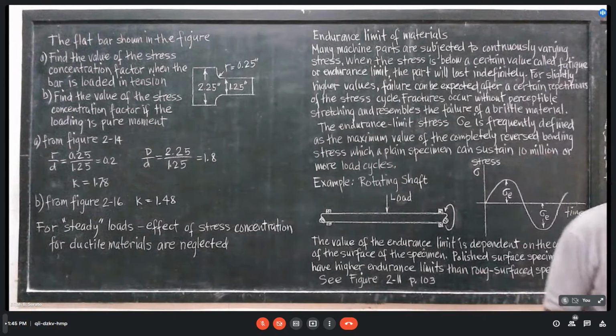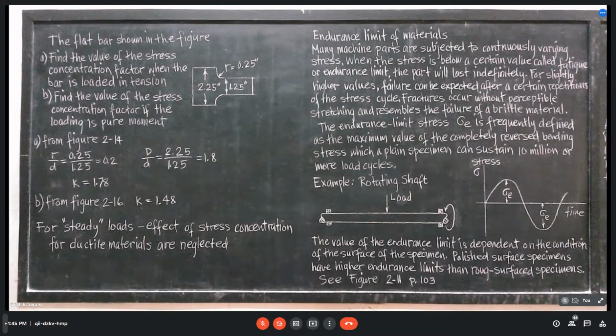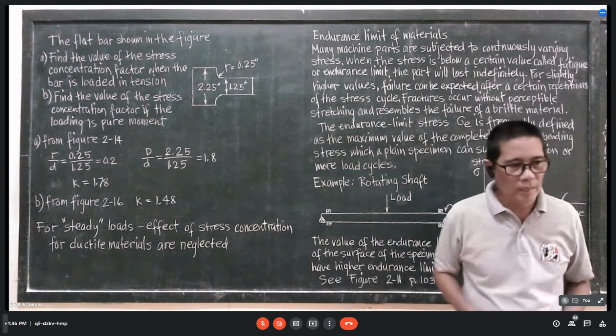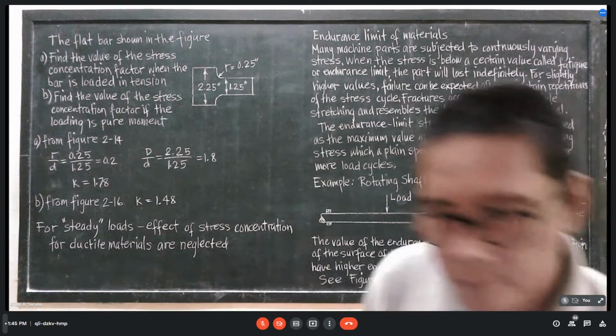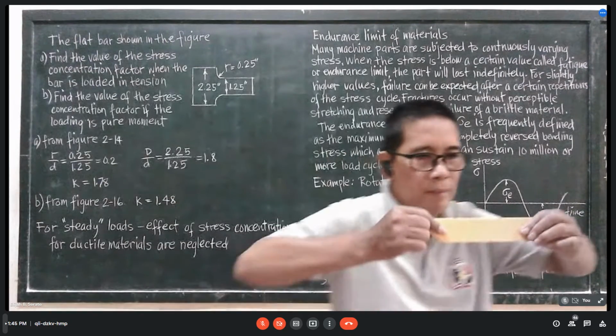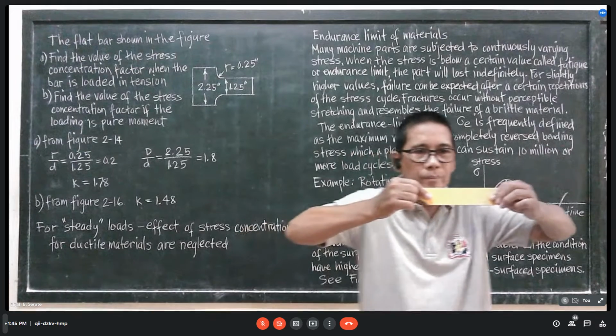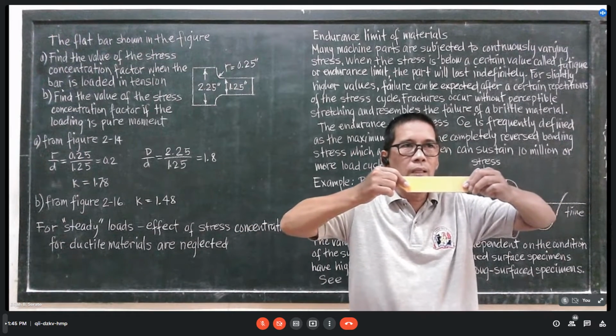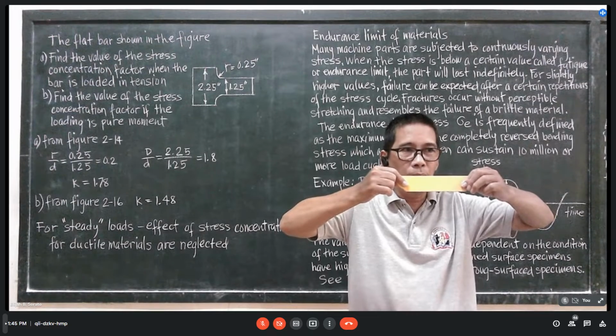For example, I am pulling this material, and the tensile load is, let us say, 500 pounds.